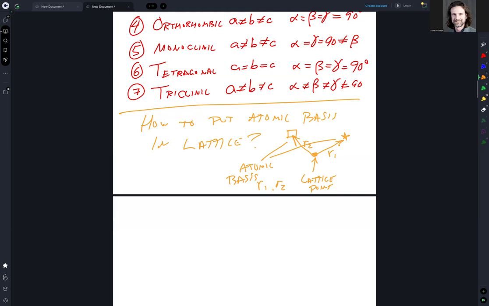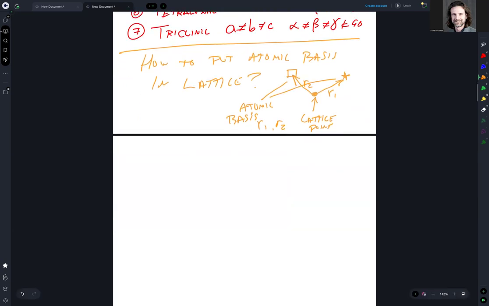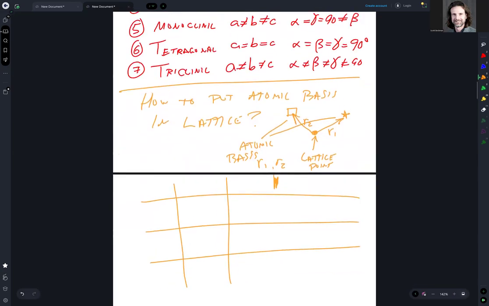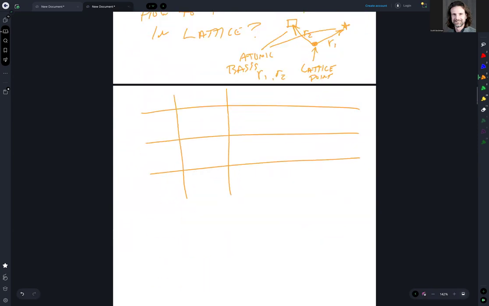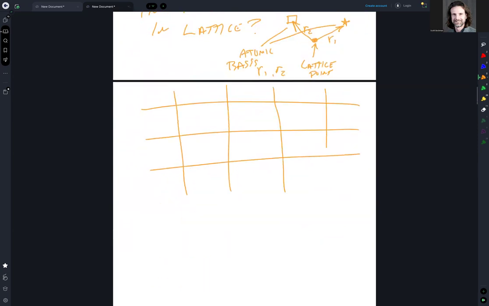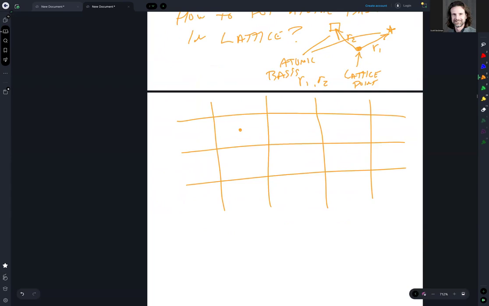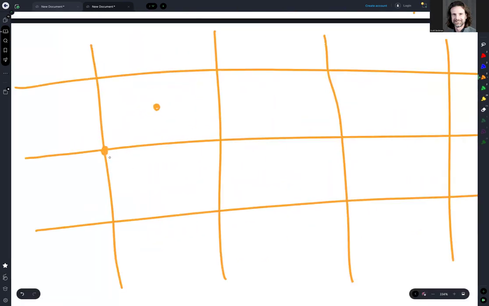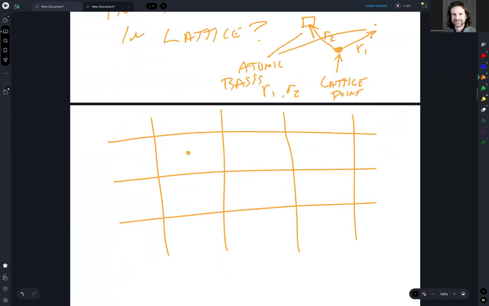So to draw that out and thoroughly belabor the point, if I put my lattice point in the center, and it doesn't have to be in the center, it's actually more common for us to define our lattice points at the intersection, but I drew it at the center.